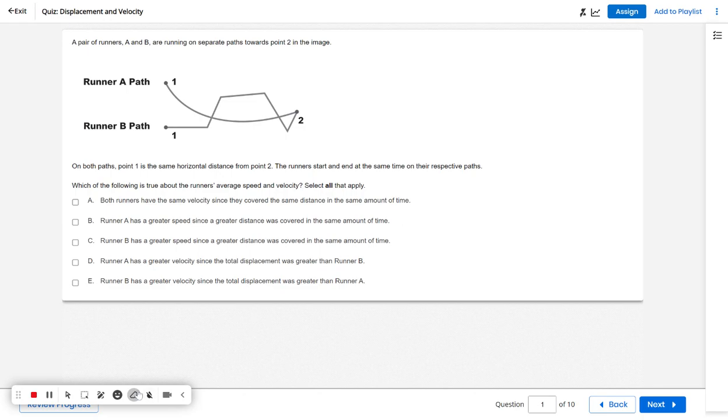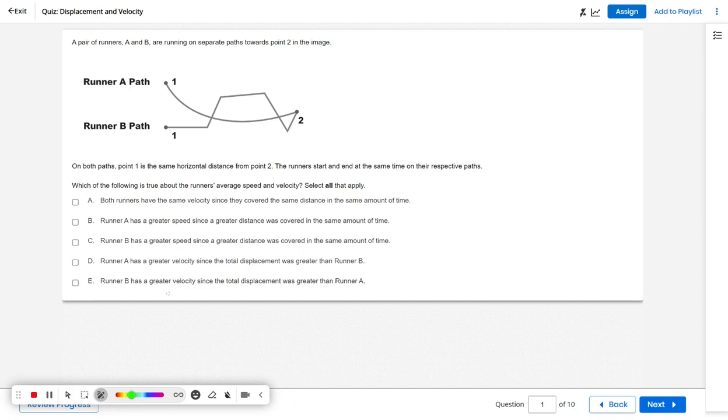Oh, I could press Alt Z. With this, you can clearly see that, if we're assuming a meters versus second type of graph, the runner on path A has a smoother run than the runner on path B.